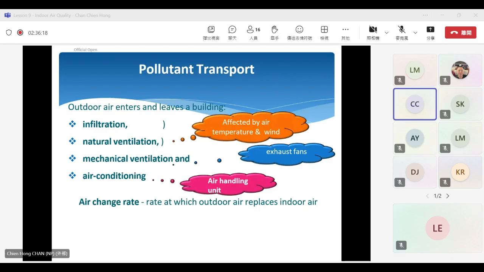We need to draw the outdoor fresh air into our building or into our air conditioning systems. But the source of this outdoor fresh air, have we chosen the correct entry point? Is it near the cooling tower? Is it near the toilet exhaust?